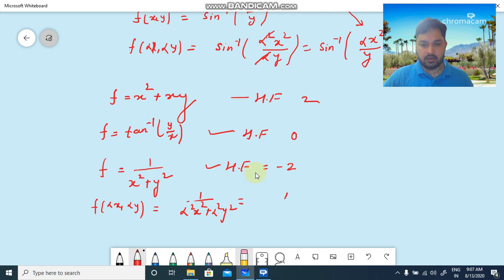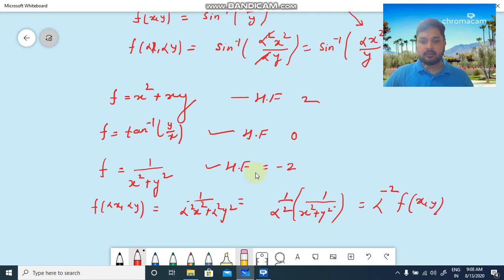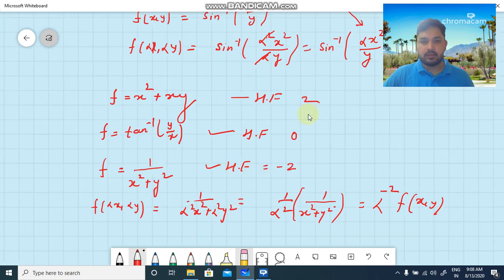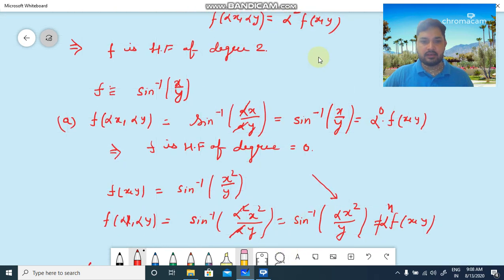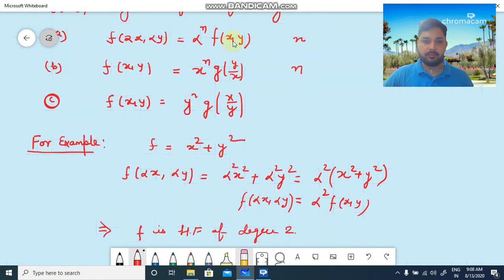Now taking 1 upon α square common from the denominator, we get x square plus y square, so this is again f(x, y). We can write 1 upon α square, which is α to the power -2, into f(x, y). That means the n which I discussed here may be a negative number.